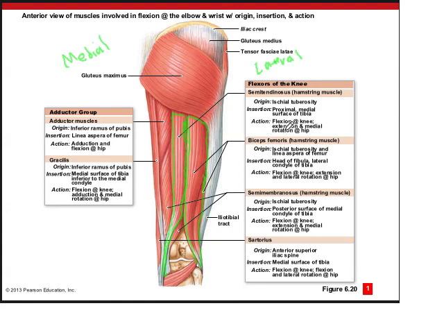Origin, ischial tuberosity, inserts onto the proximal medial surface of the tibia. He flexes the leg at the knee and extends and medially rotates the thigh at the hip. And then underneath him is the semimembranosus. You can see a little bit of him here, and you can see a little bit of him here.